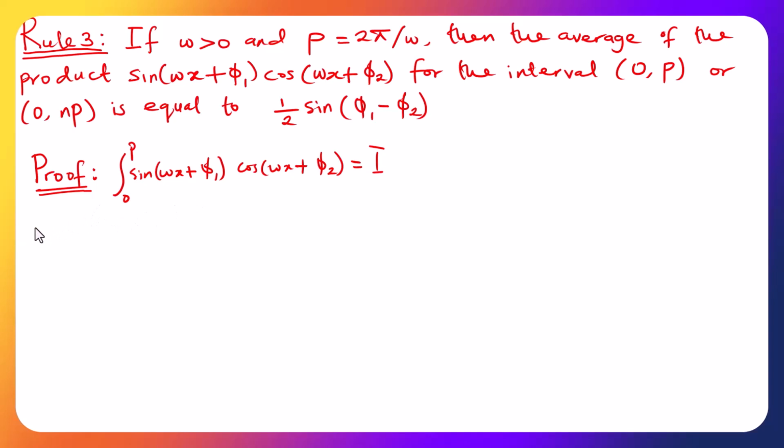So this is equal to 1 over 2 integral from 0 to p of sine 2 omega x plus phi 1 plus phi 2 plus sine of phi 1 minus phi 2.